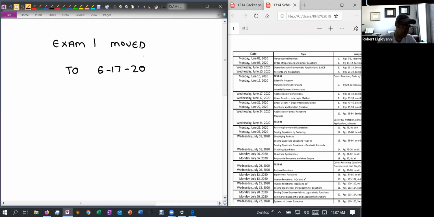The reason I did that is because we still need to work out a few kinks in terms of how you're going to get your work to me. So today I'm going to give everyone an opportunity to either scan some work that you have in front of you or take a picture of it, and then upload that to the Dropbox. I'll explain that towards the end of class. That's how you're going to get your handwritten exam work to me.